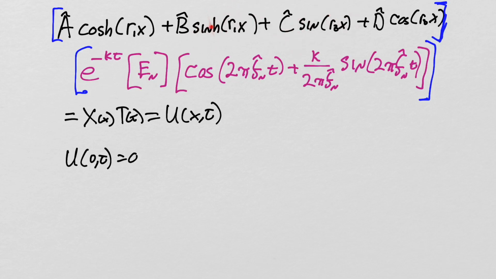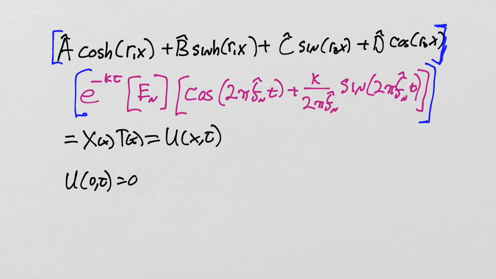So b and c are gone, leaving us a hyperbolic cosine and d regular trigonometric cosine. So with x equals 0, this becomes just d hat, and with x equals 0, this becomes a hat. So this tells us that a hat plus d hat must equal 0, right? So that's what we learned from that.